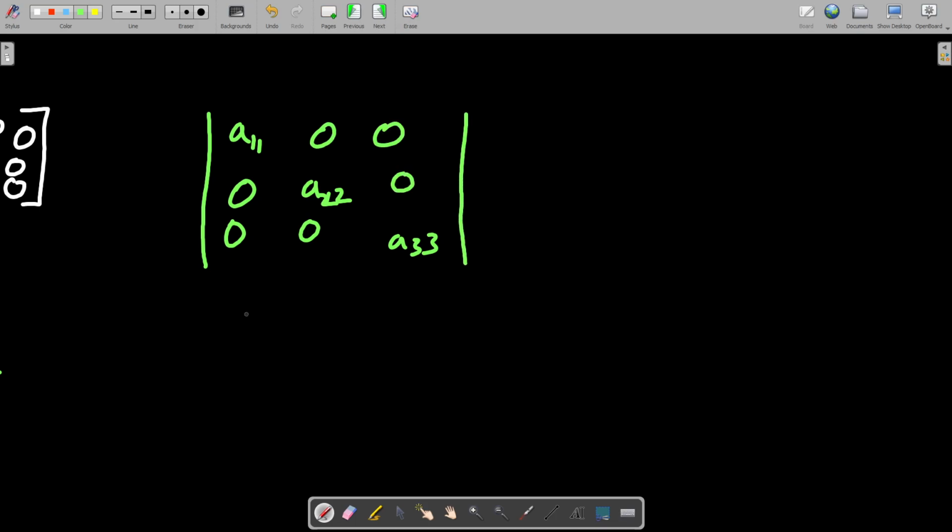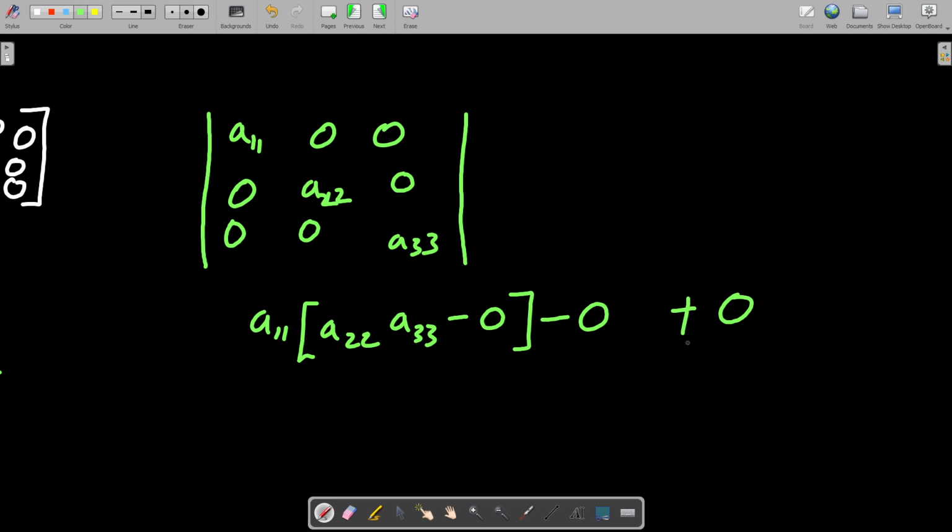If you try to calculate this one's determinant, what you'll get? You'll get A11 into A22 into A33 minus 0, and rest everything is going to be 0. So what remains here is A11 into A22 into A33. So this is the proof for the 3 by 3 case.